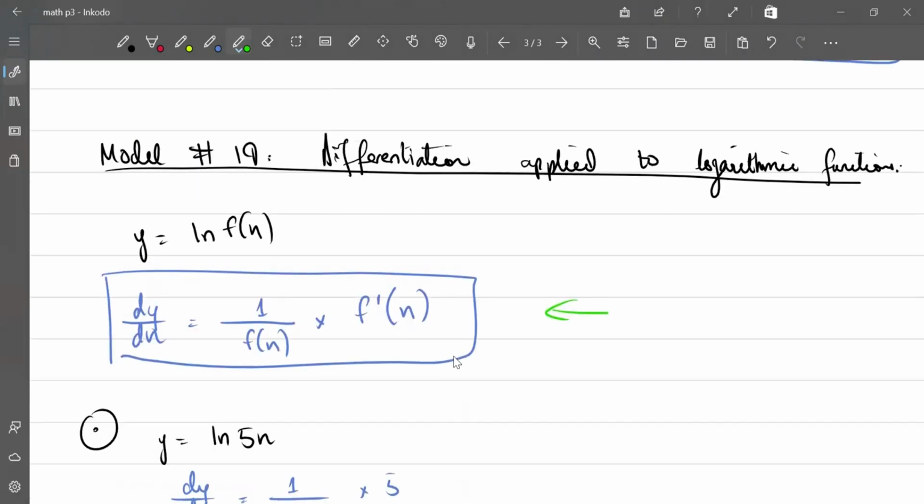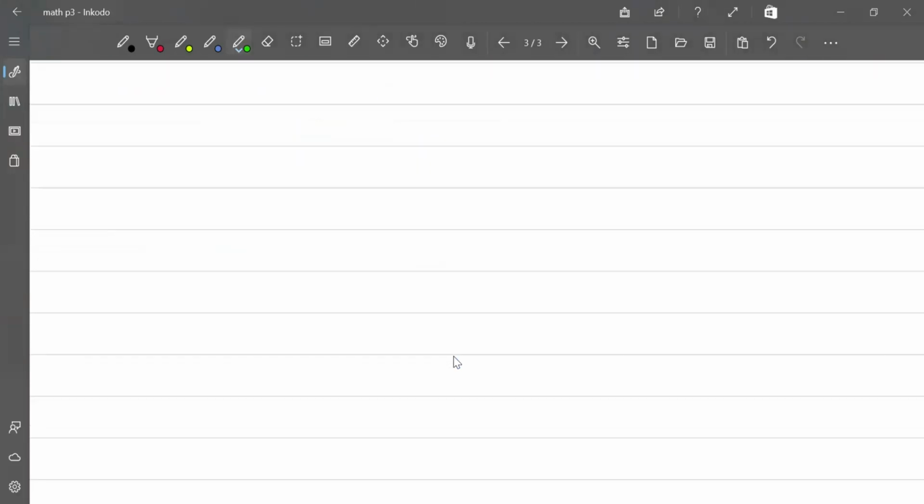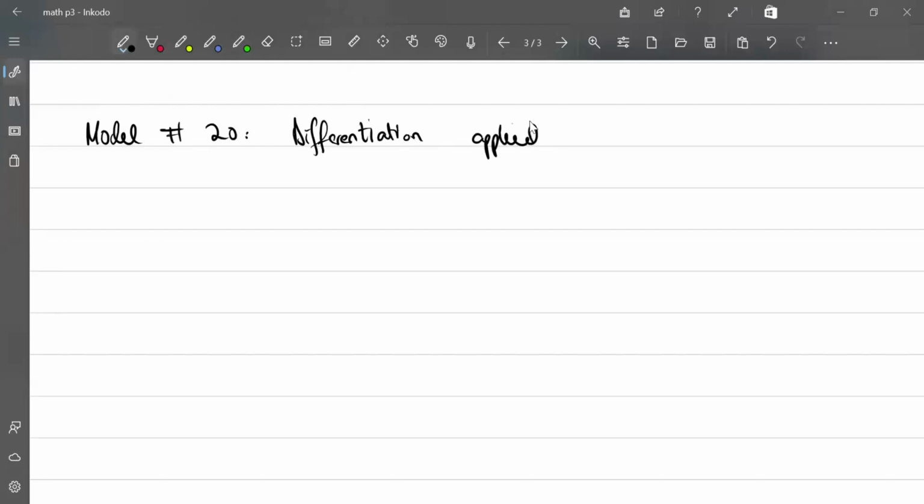So moving on, model number 20, which is differentiation applied to trigonometric function.